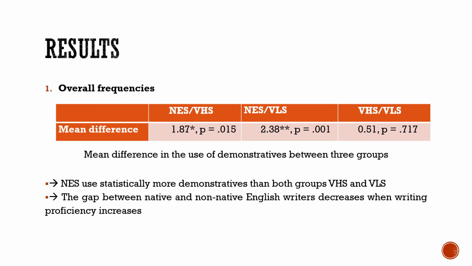And the difference is even more when you look at native English speakers and the Vietnamese low score group. So it can be concluded that native English speakers use statistically more demonstratives than both groups of Vietnamese English speakers. And the gap between native and non-native English writers decreases when writing proficiency increases.